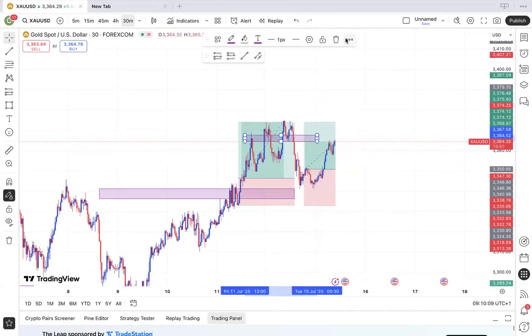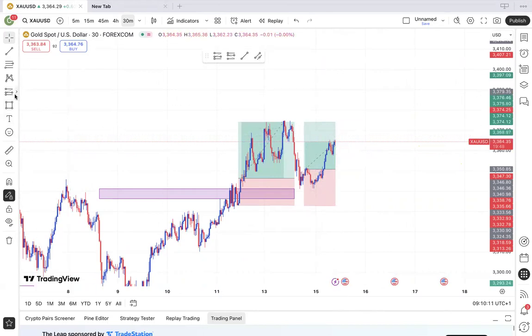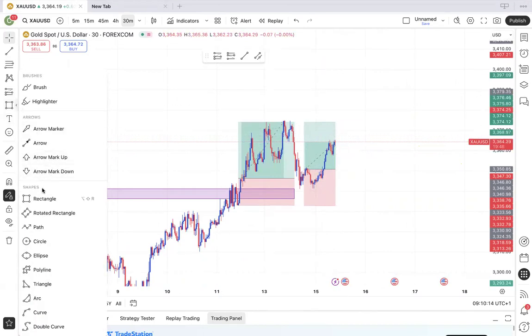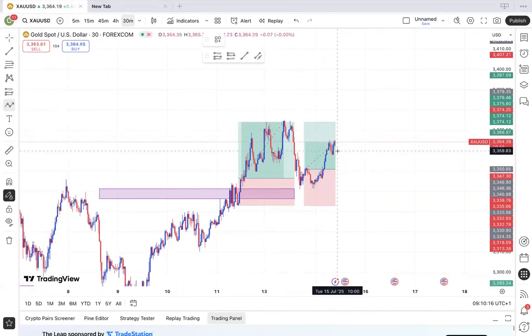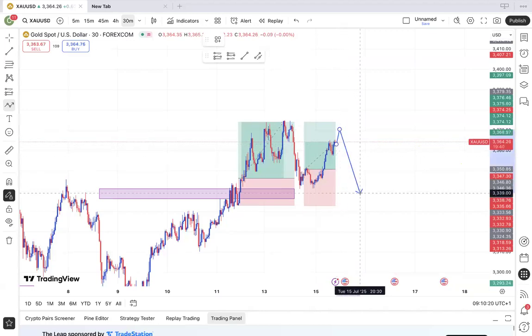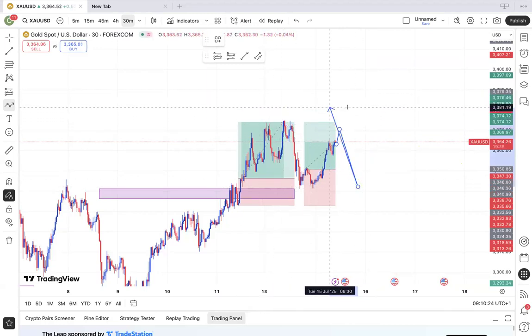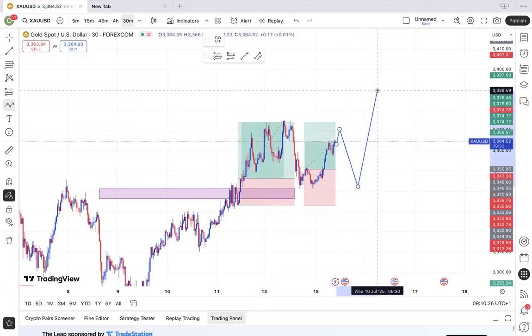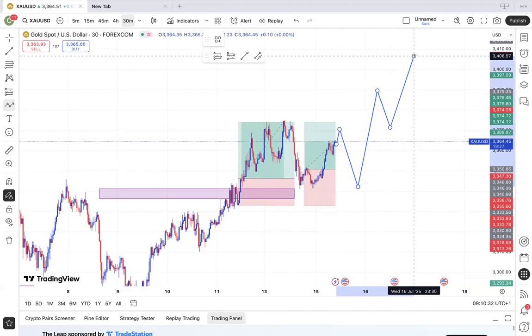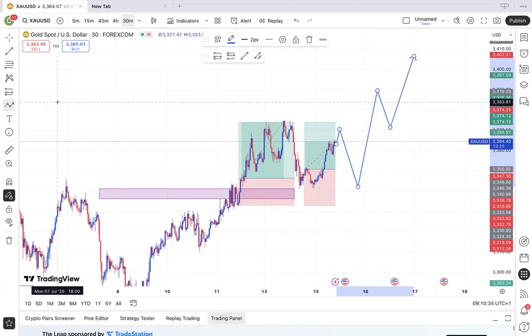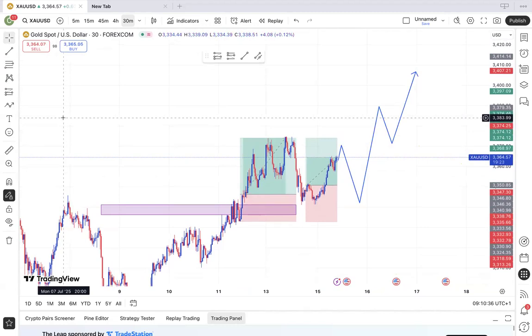Just to not overcomplicate matters, either you have a setup like this where the market pushes up price, gets here and sells, or the market gets here, breaks this high, retests back into this zone, waits for a bit, and then goes all the way up, most likely.